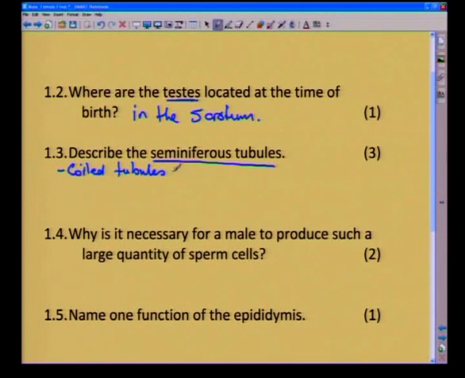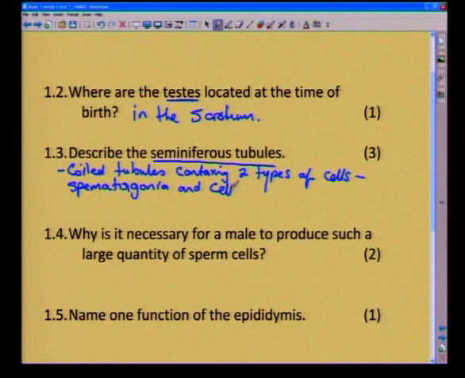They are coiled tubules containing 2 types of cells, and those 2 types of cells are going to be your spermatogonia and the cells of Sertoli. I always want to spell Sertoli with 2 L's, but it's 1 L. So you have to say what it is and the fact that those seminiferous tubules contain 2 lots of cells.